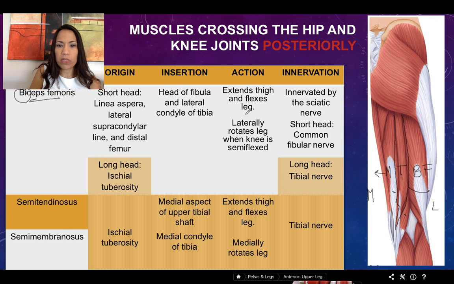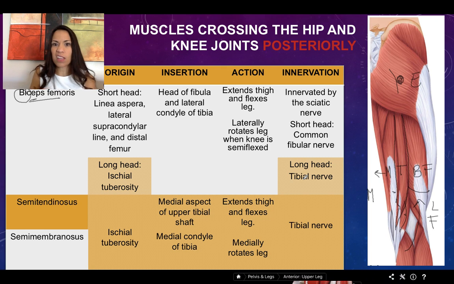Semitendinosus and semimembranosus are going to cross posteriorly the hip joint and the knee joint. So all of them can extend the thigh at the hip and, since they cross posteriorly, flex the leg at the knee. Imagine that you pull this up. That's the common action for the three muscles.